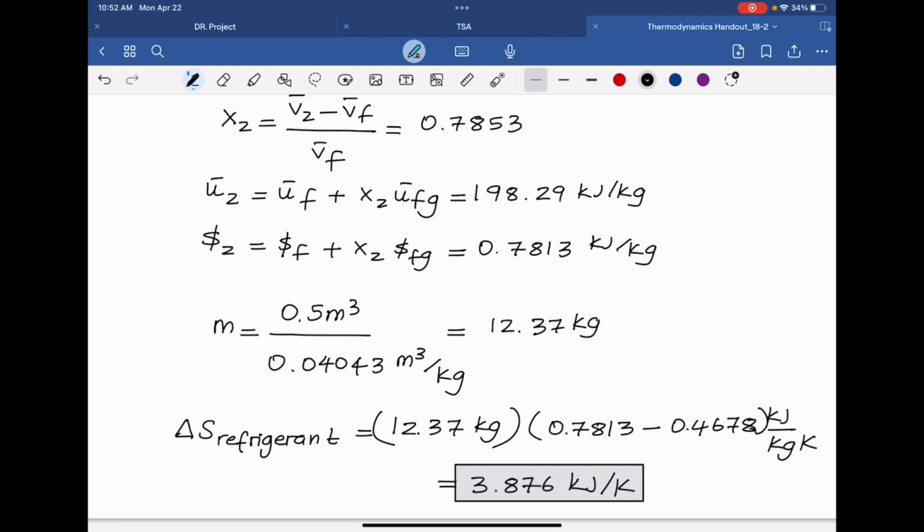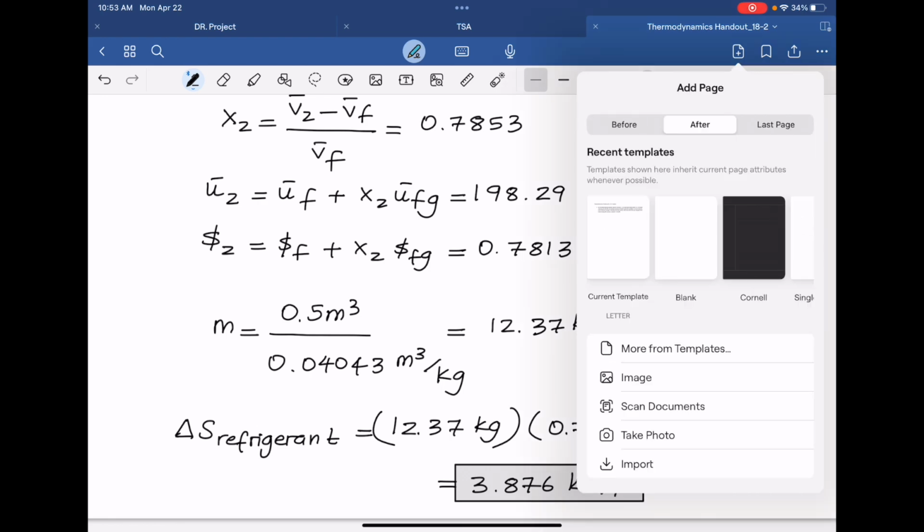But this is not enough. We also need to find the source's entropy change, and the source is isothermal. Remember, the source doesn't change its temperature with energy interaction, so it is always at the same state whatever happens, and therefore it's an isothermal reversible process for the source.